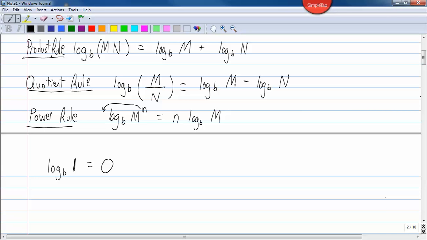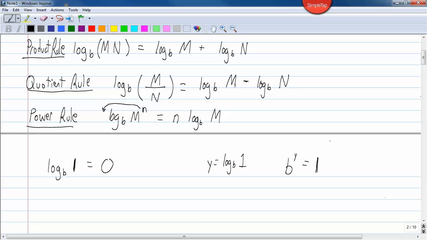The reason for that, if I had y equals log base b of 1 and I changed this over to an exponential, then that would be b to the y equals 1.